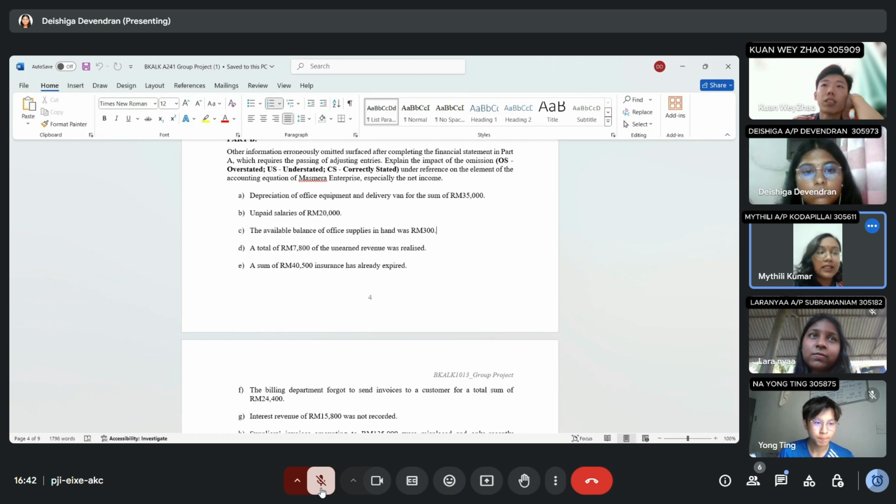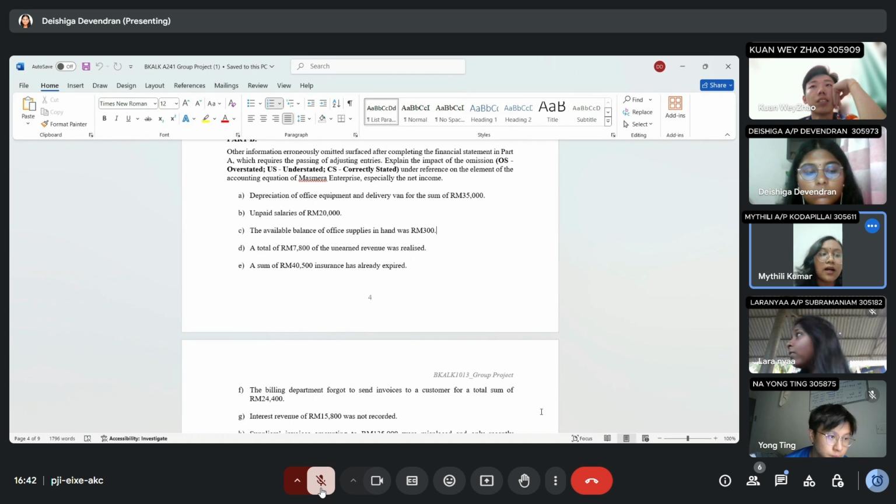For question D, unearned revenue 10,800. The assets are correctly stated. This is because unearned revenue doesn't affect assets. For liability, it is overstated. Unearned revenue is also a liability of doing the business.